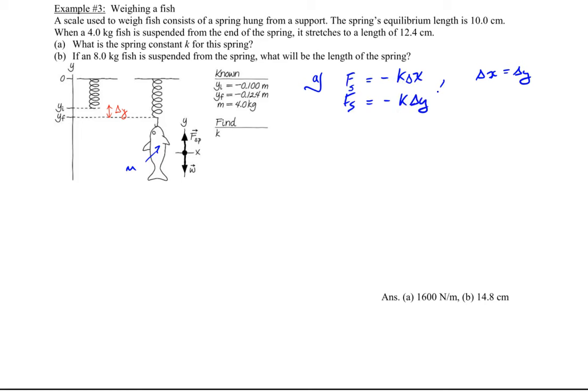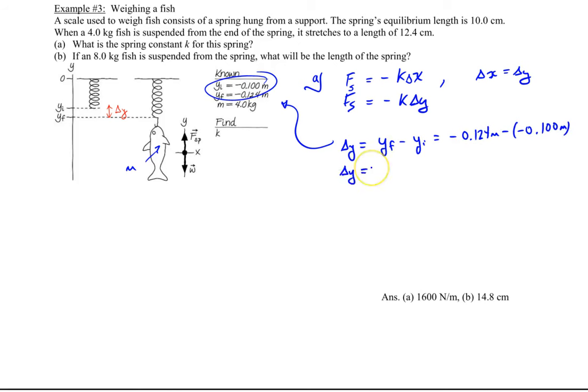Okay, well we could find delta y right in here. Delta y is given as the final displacement minus the initial displacement, which would be negative 0.124 meters minus negative 0.100 meters. And that would give you a displacement of negative 0.024 meters.